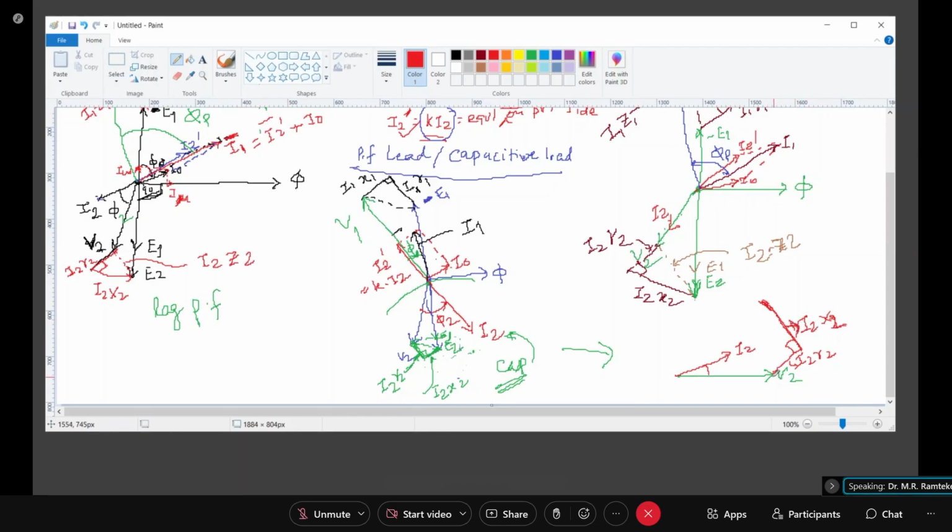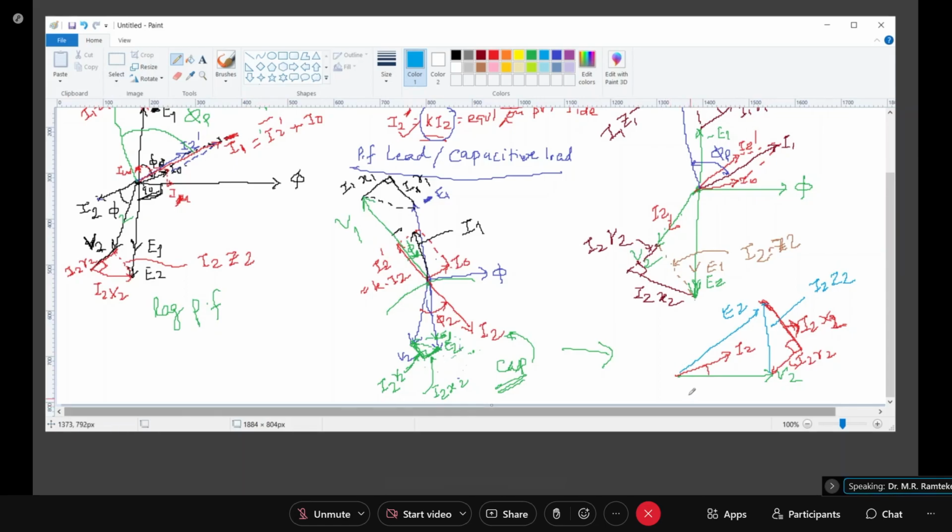Okay, this drop. Now I'll be using another color. So this will be my I2 Z2, and this will be my E1. Sorry, E2. This will be my E2. Clear? Understood?